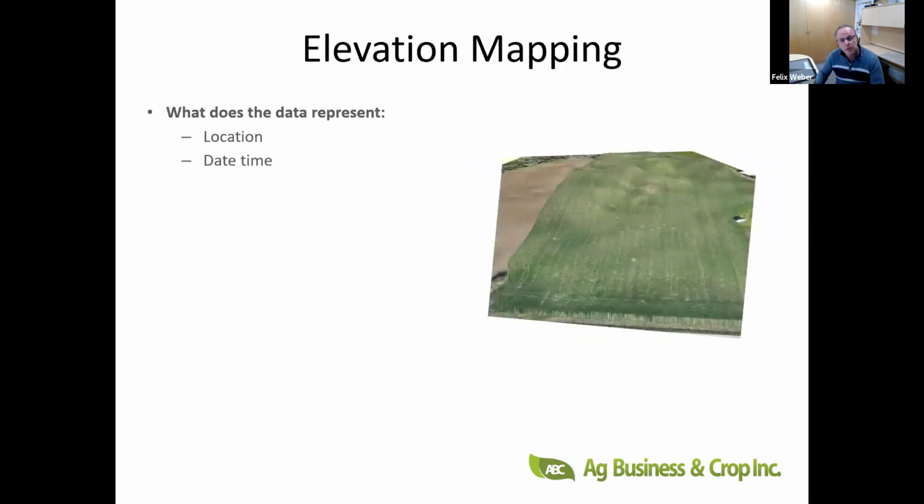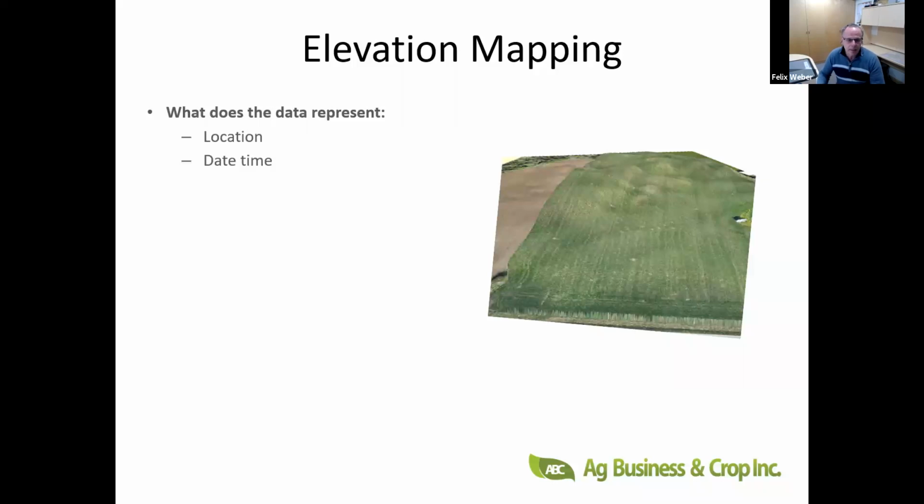The first data set I want to talk about is the elevation map, because I think that's a very important map to work with in precision farming. What does the data represent? It represents accurate elevation. That could be done with a local base station for accuracy, or satellite. You should get that information from what the data represents.